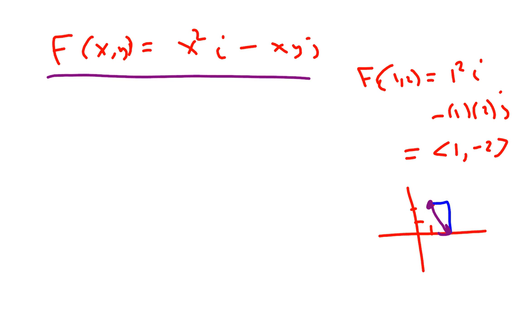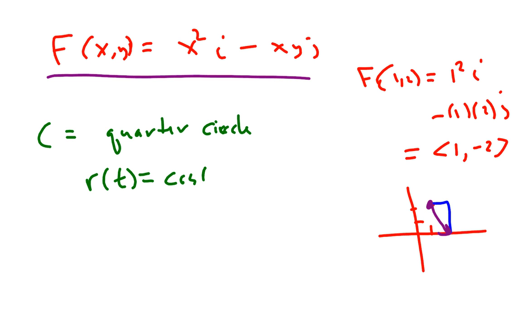Okay, and so what we're going to do now is move around a path. Our curve C is going to be a quarter circle whose equation is r of t equals cosine of t times i plus sine of t times j.